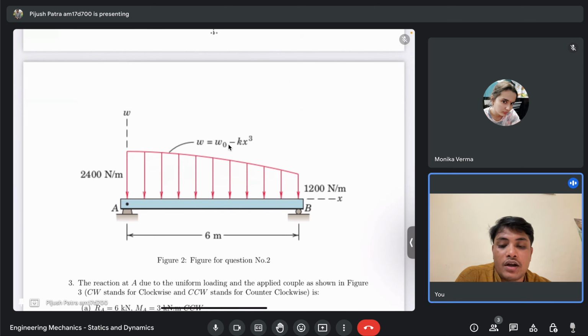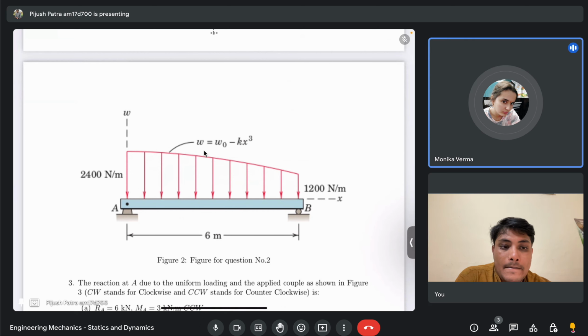So 1200 equals W0 minus K into 6 cubed, right? So again, in this part, we are dividing the whole loading into two parts. First is your W0, that is 1200 minus 24 minus 1200. That is 1200 upper that varying load, right?